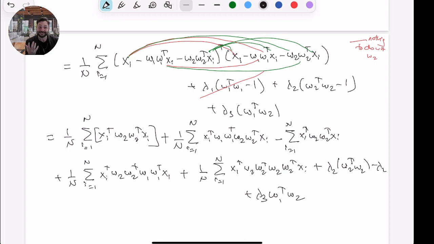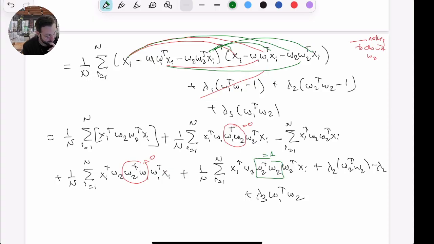Okay, it still looks like a lot, but I have some good news for you. Let's please look at this guy, W1 transpose W2. It's a summation, but I know that these two directions are orthogonal, and so this whole summation disappears, right? Again, I have the same thing here, so this is all 0, and this summation disappears. Here this one doesn't disappear, but this is equal to 1.